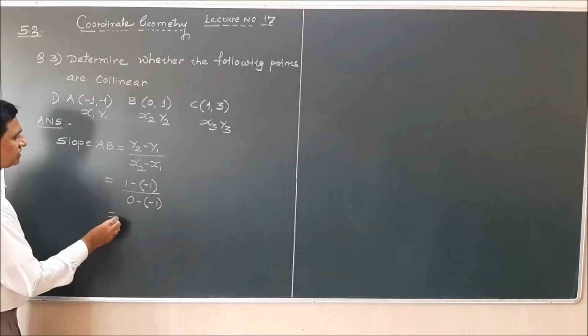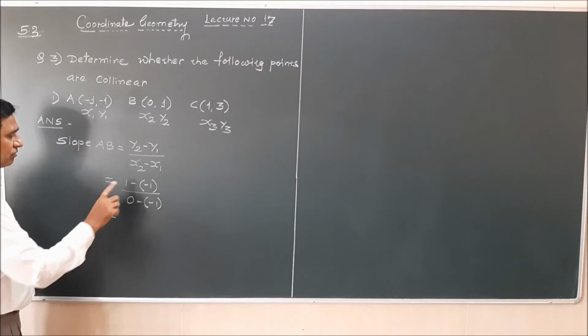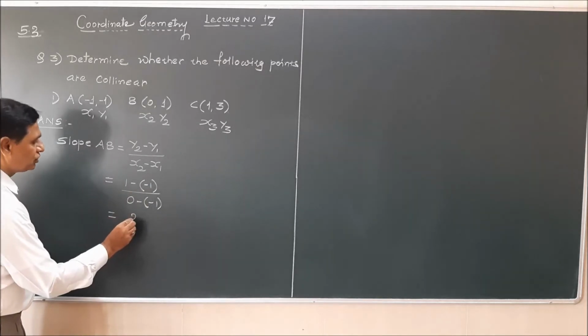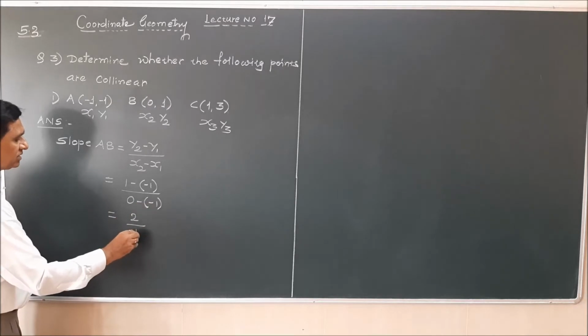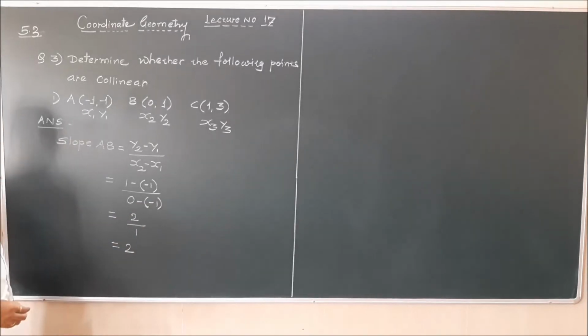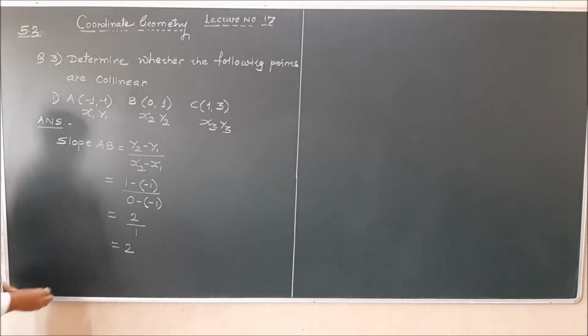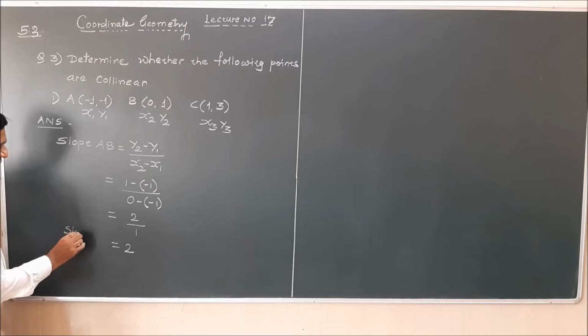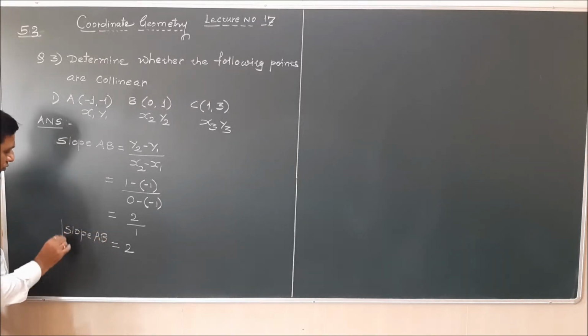So that will give us 1 minus into minus is plus, so 1 plus 1 is 2, upon 0 minus into minus is plus, 1, therefore that is equal to 2. So I obtain slope of AB as 2.